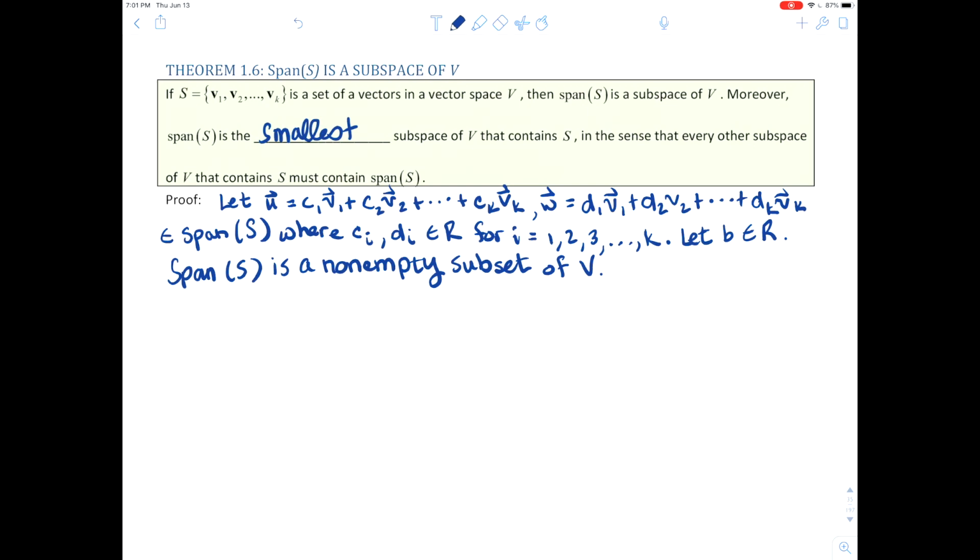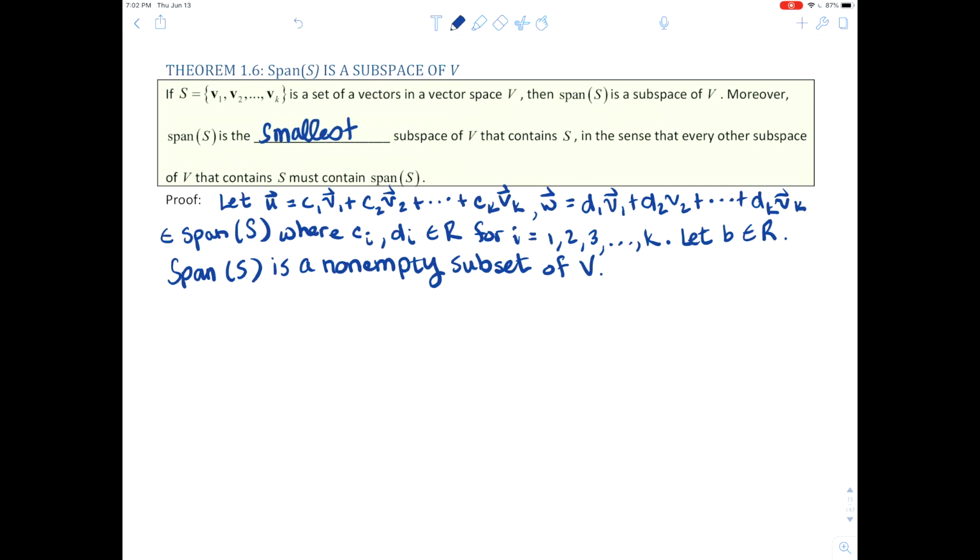And the other thing is that the zero vector is in any vector space, and so that's why it is non-empty. A couple of reasons why it's non-empty. And since your spanning set is a set of vectors in the space V, it's a subset of V. Groovy? All right, what now?